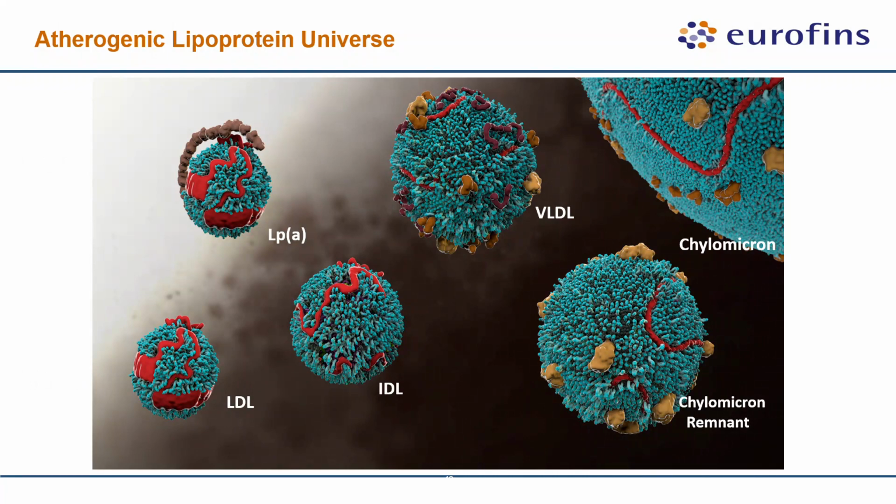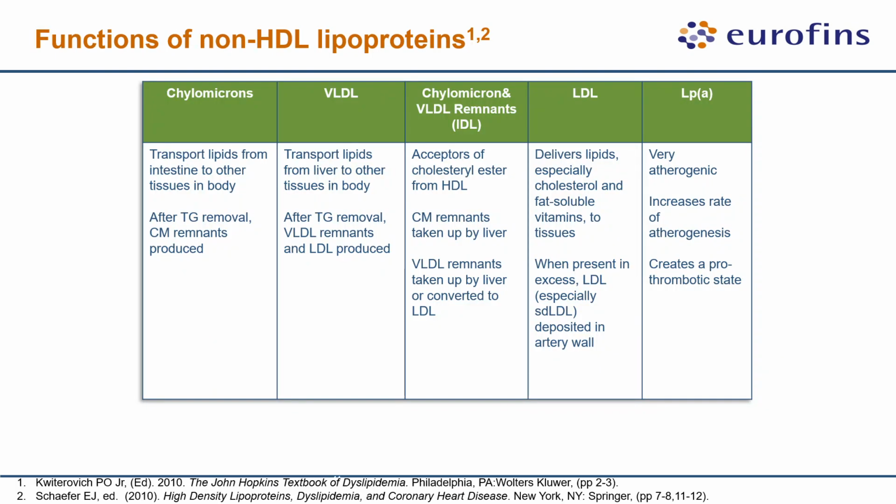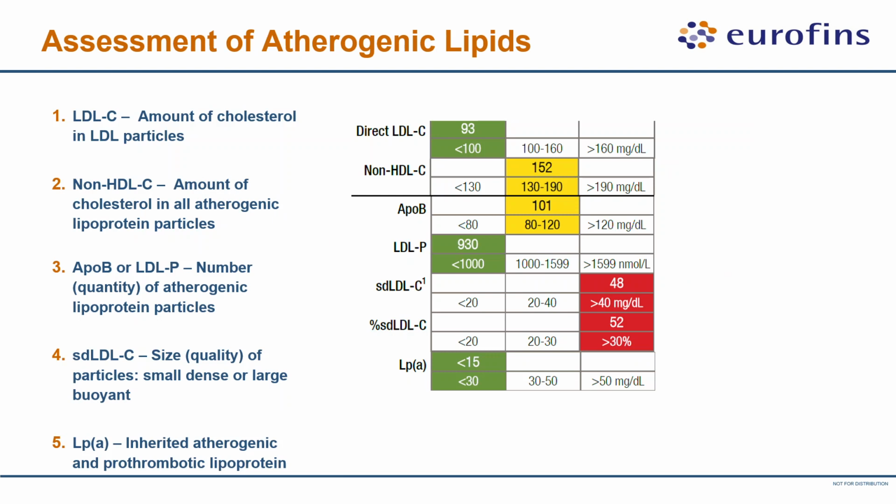So you, of course, are familiar with the atherogenic lipoprotein universe. There are many of these lipoproteins, and each and every one of them has a normal function in the body, and it's only when they behave abnormally that they become a problem.